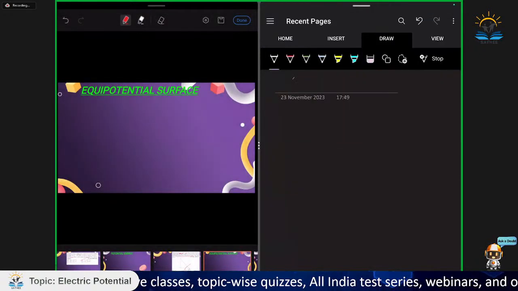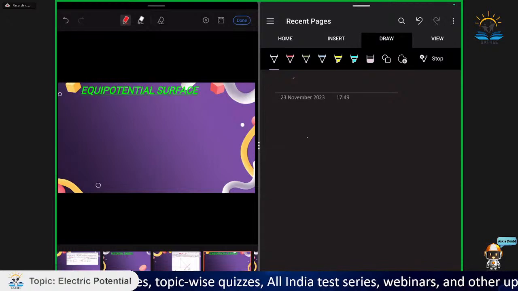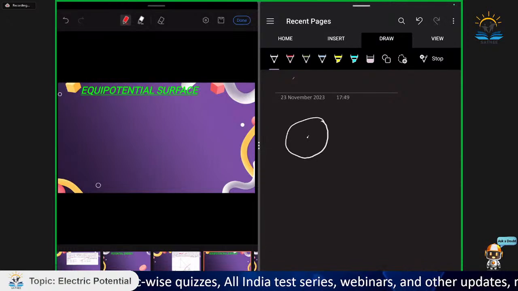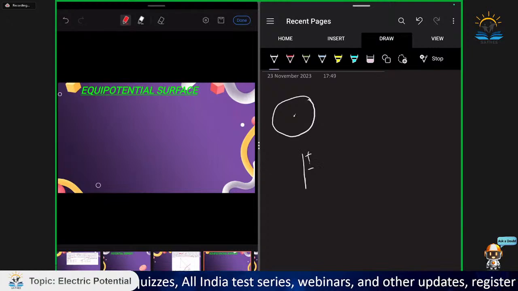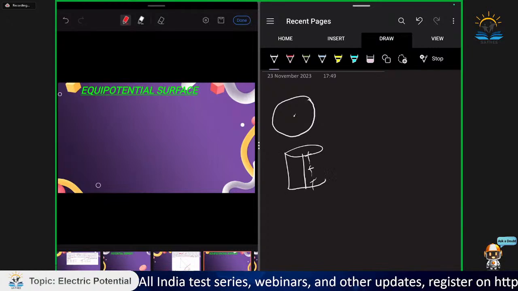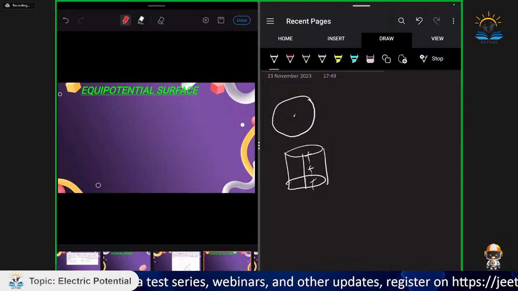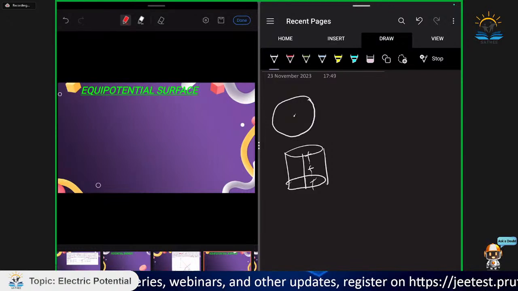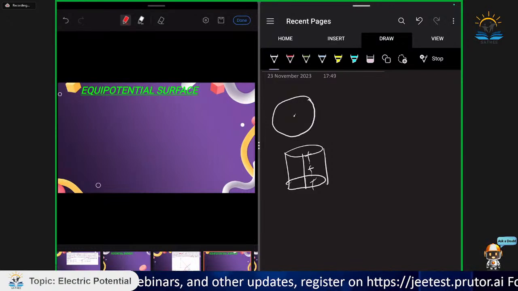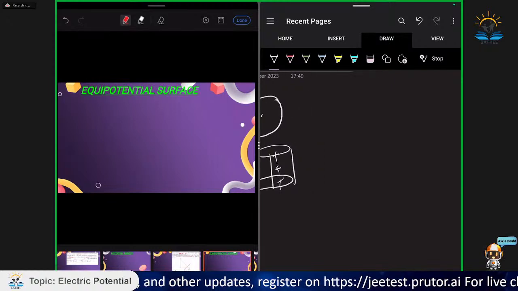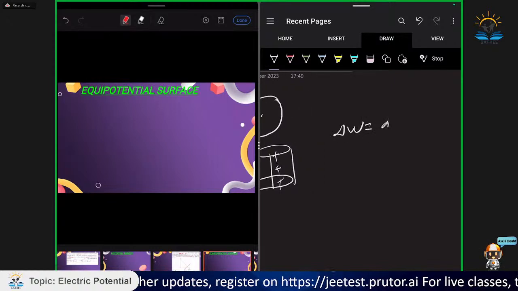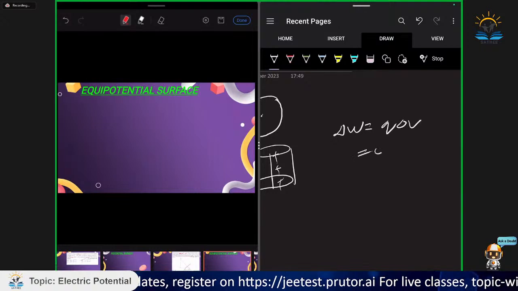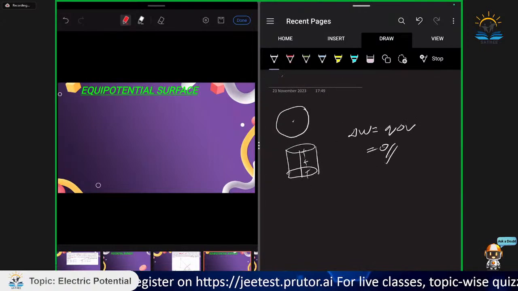For a line distribution, these are the equipotential surfaces. That's all. Work done in moving a charge from one point to another on an equipotential surface will be 0, because delta W is q into delta V. That means delta V is 0, so work done will be 0.